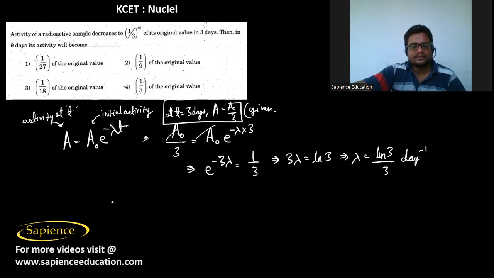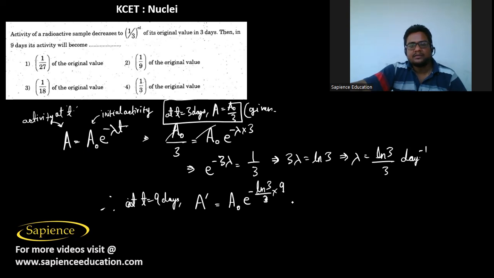Therefore, in 9 days, the activity will be how much? At t equals 9 days, let's suppose the activity is A dash. So A dash equals A naught e power minus lambda t, where lambda is ln 3 by 3 and t is 9. So 3 into 3 is 9, so it is A naught e power minus 3 ln 3, or A naught e power minus ln 3 power 3, which is 27.